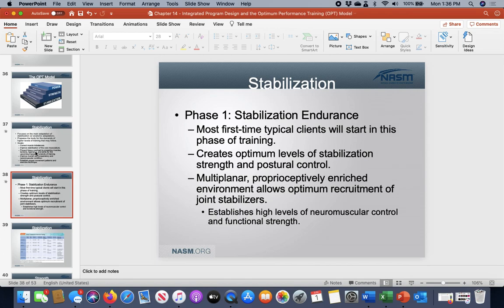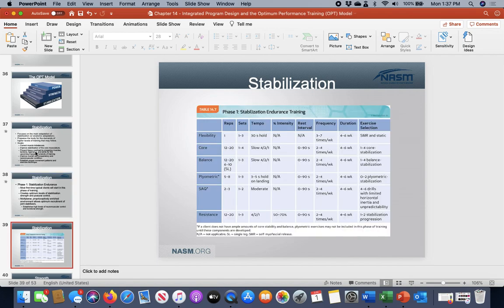So sagittal, frontal, transverse, proprioceptively enriched, meaning that the body is sensing change and movement at an optimal level so that you can then recruit joint stabilizers. So you're going to have high neuromuscular control. You're going to have higher functional strength, meaning that you can move in most areas.